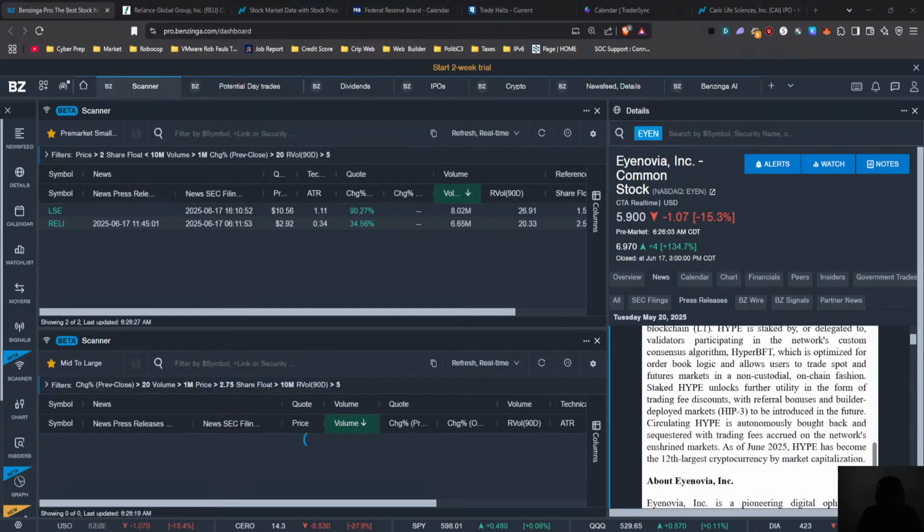But it's circulating 90% with the ATR of $1.11. Started yesterday from $5 and has moved $5 between aftermarket and now. So we'll see what happens there.